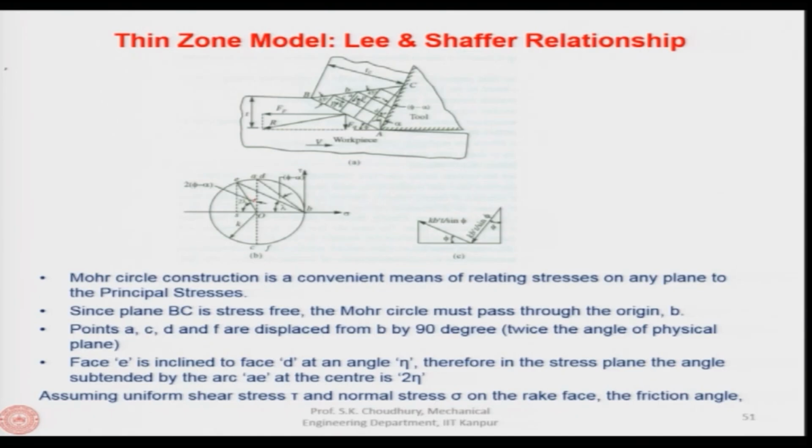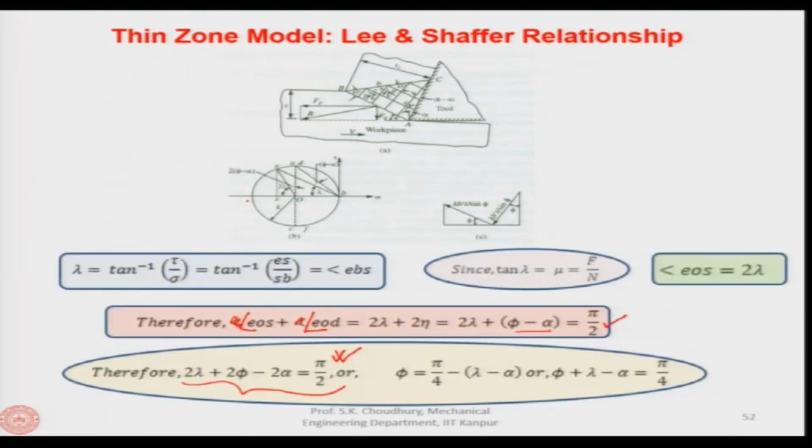If you sum up this angle and this angle, which is 90 degrees, from here you can find out this relationship. The relationship is not very difficult to find out. The only thing is that you have to construct the Mohr circle diagram from the stress field and the machining diagram that Lee and Shaffer have proposed.